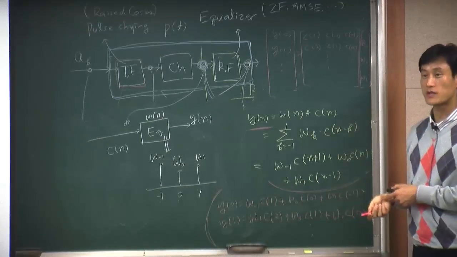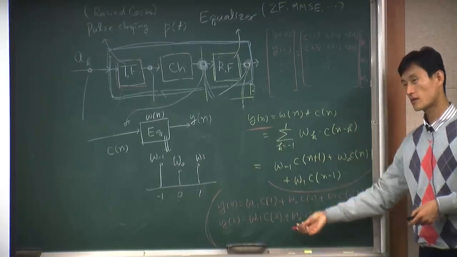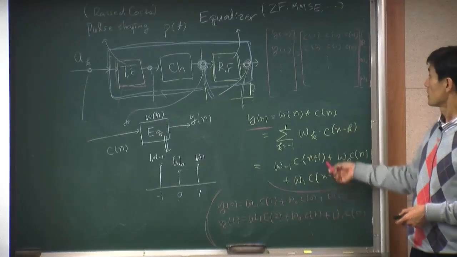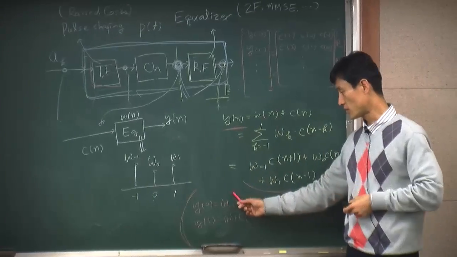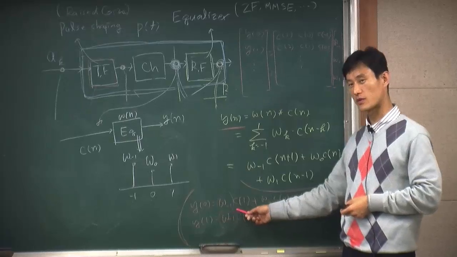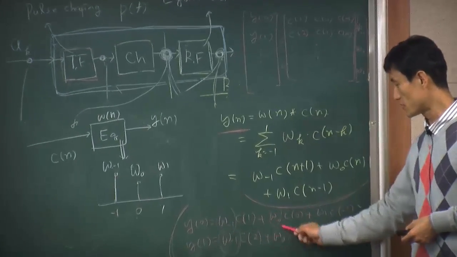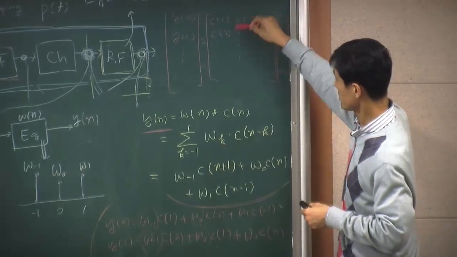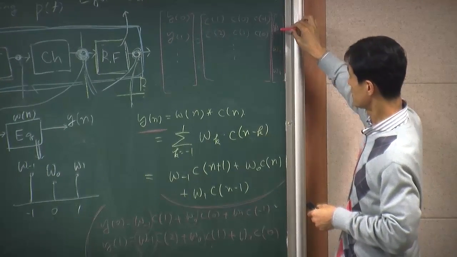That's the matrix notation. So this one is simply an addition of these 3 parameters, right? And we can see that you have W minus 1 here, again W minus 1, we have W0, W0, W1, W1. So you can separate the C matrix from the W matrix.